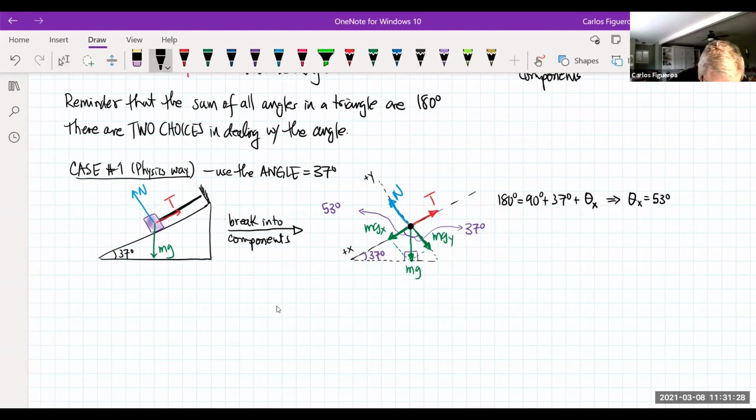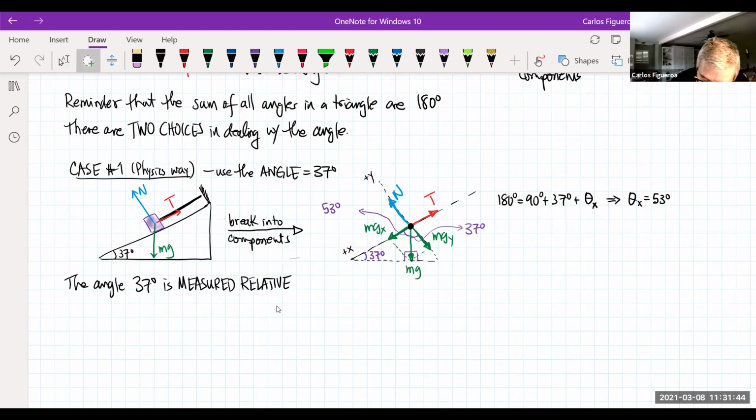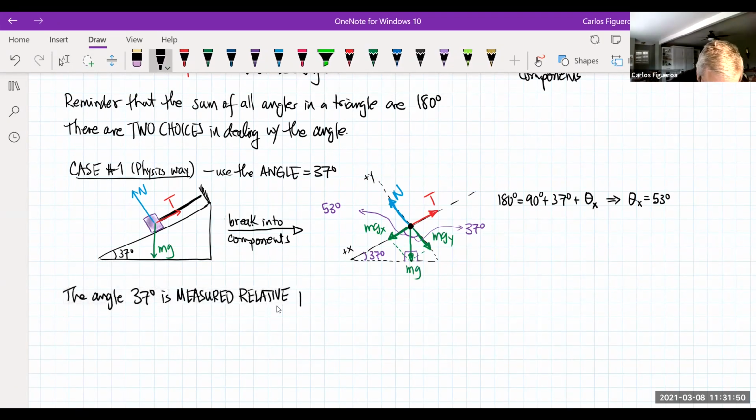What they do is that the angle 37 degrees is measured relative to the y-axis, not the x-axis. Well, that changes quite a bit.